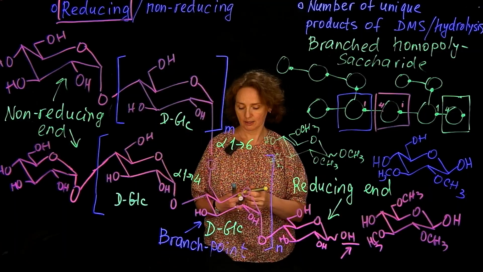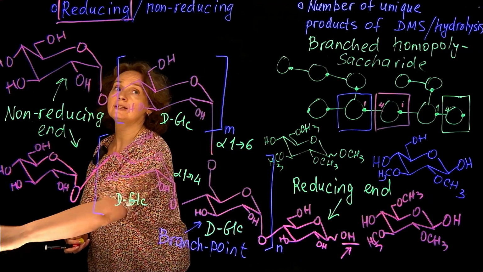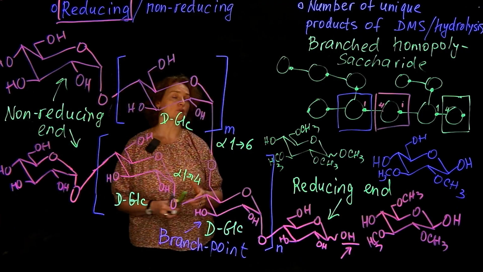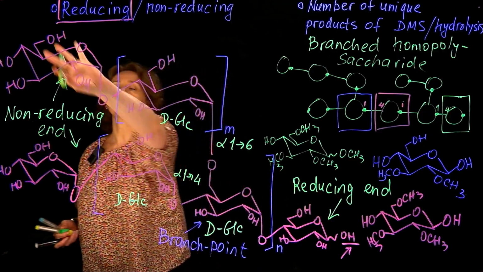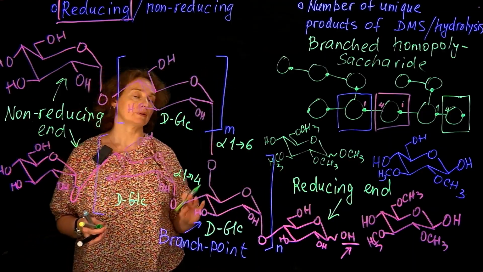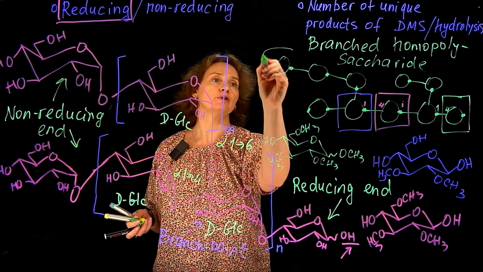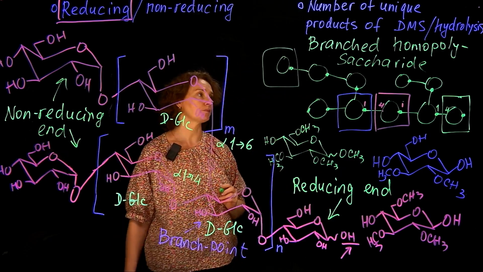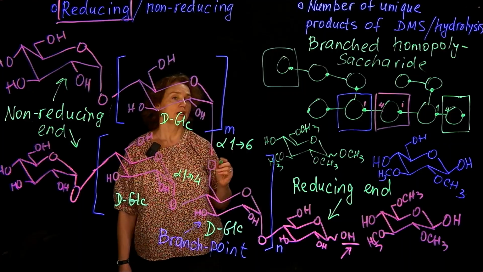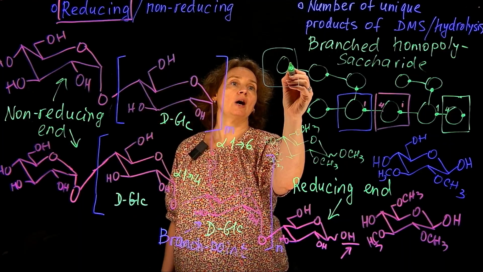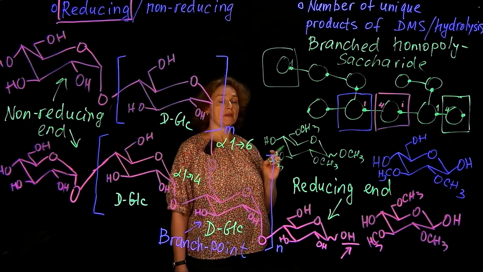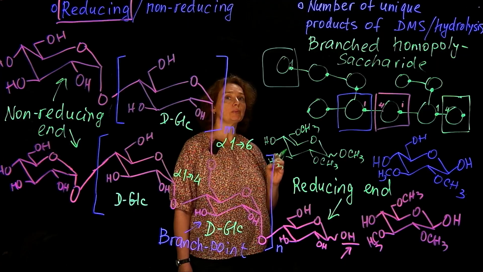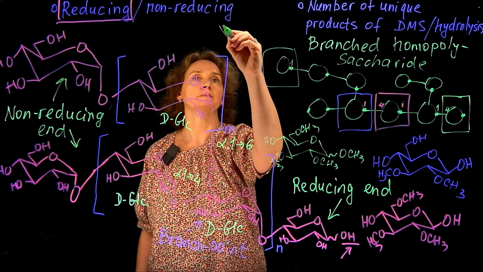And finally, for the non-reducing ends, they will be the same because they are similar, right? Regardless of whether it's a main branch or the branch that stems out of the branch point. So we are referring to those monosaccharides. And here, this is our anomeric carbon, right? So only the anomeric carbon will be not methylated. Everything else will be methylated.